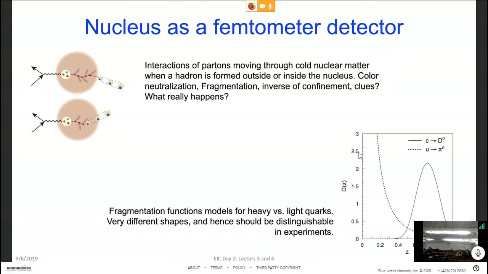With light quarks versus heavy quarks, when a parton is pushed by a collision like this shown on the left-hand side in the cartoon, the color travels through the nucleus and then comes out at some point after hadronization or fragmentation into a hadron. It either happens just at the boundary outside, or it could be happening inside. This would be a color neutral object traveling through a colored system.